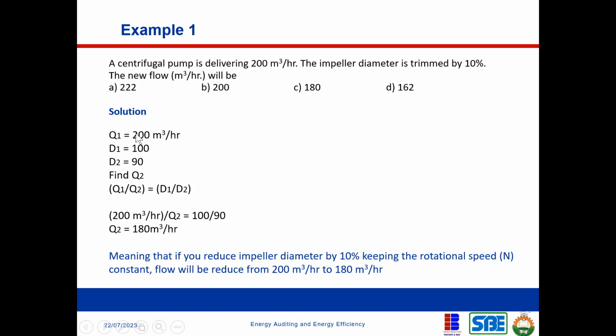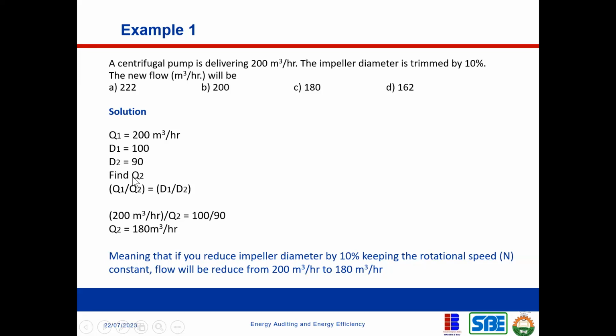That is the initial flow, 200 meters cubed per hour. We know the initial diameter is 100. You can use 50, but 50 minus 10% will give you 45, so your D2 will be 45. Our initial diameter is 100, and our second diameter, reducing it by 10%, is now 90.